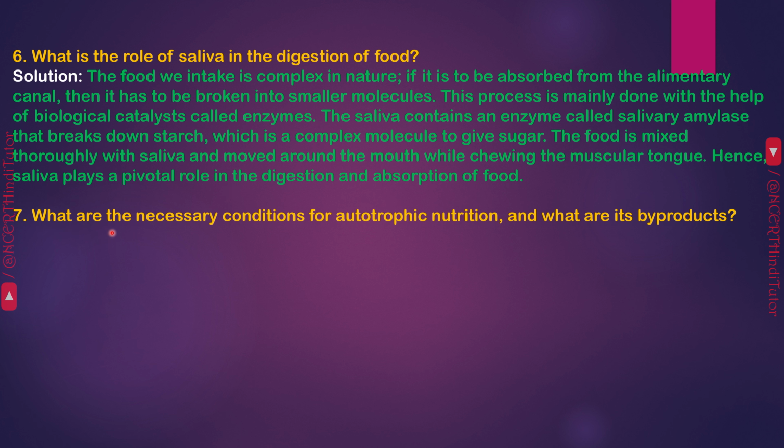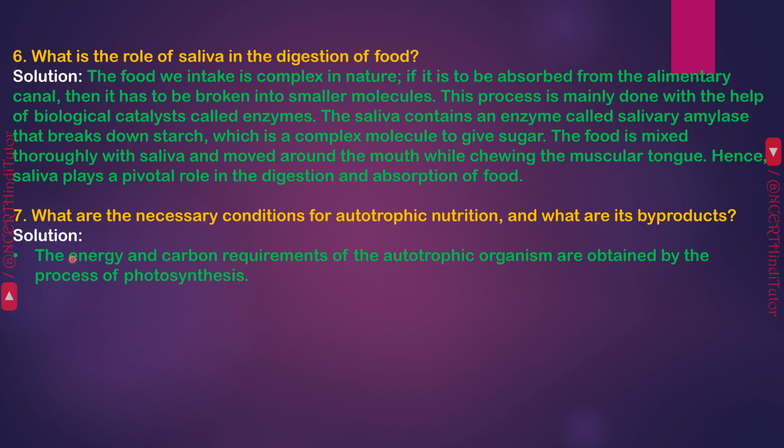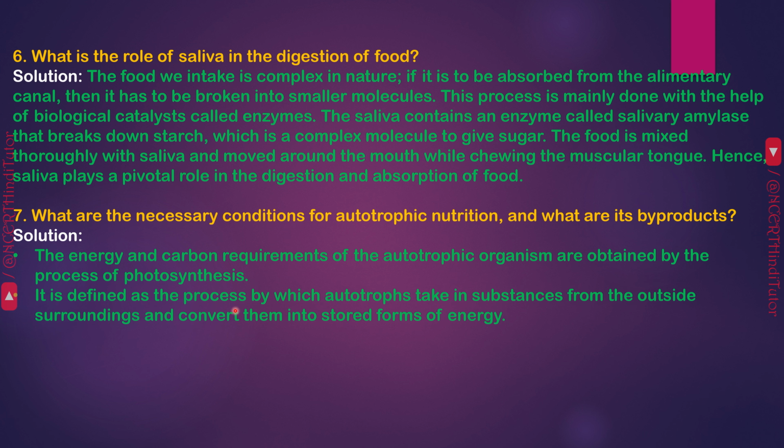Question 7. What are the necessary conditions for autotrophic nutrition and what are its byproducts? Answer. The energy and carbon requirements of the autotrophic organism are obtained by the process of photosynthesis. It is defined as the process by which autotrophs take in substances from the outside surroundings and convert them into stored form of energy.